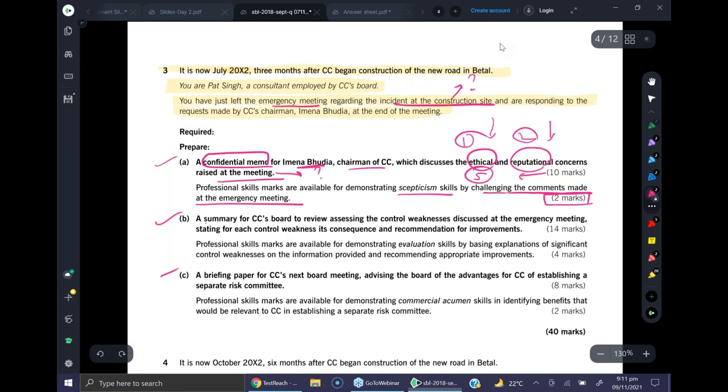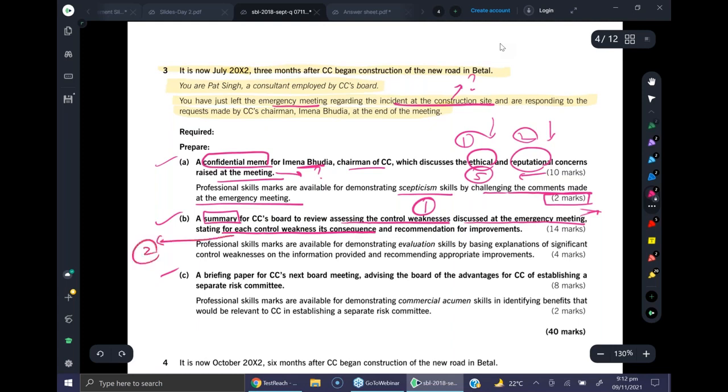prepare a summary for CC's board to review, assessing the control weaknesses. So identify and assess the control weaknesses discussed at the emergency meeting. Again, these control weaknesses are discussed at the emergency meeting, stating for each control weakness its consequence.